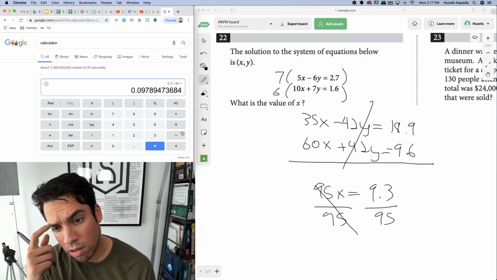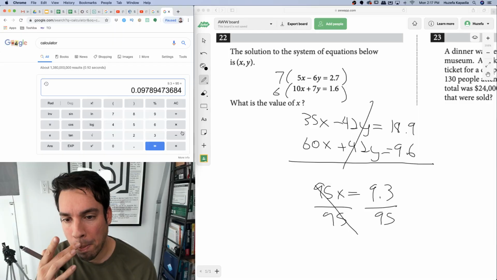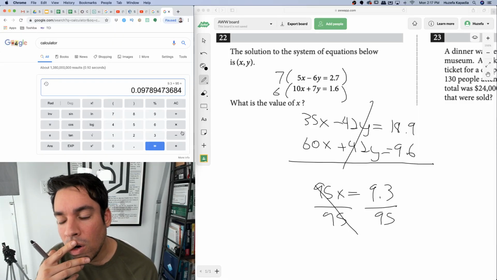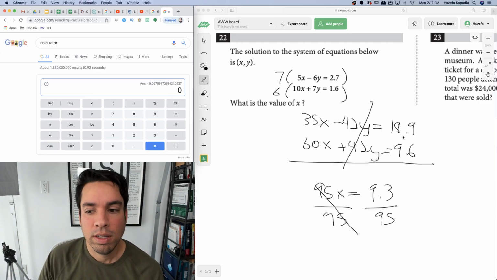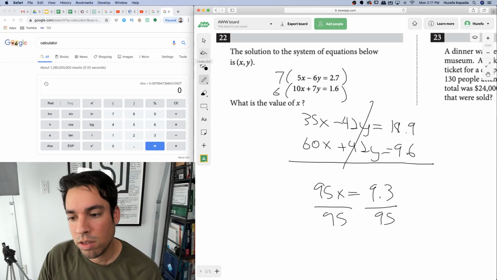Hold on. I must have made a mistake, because you don't get a weird decimal like that. Oh! That's not a negative 9.6. I thought it was. It's a positive 9.6.